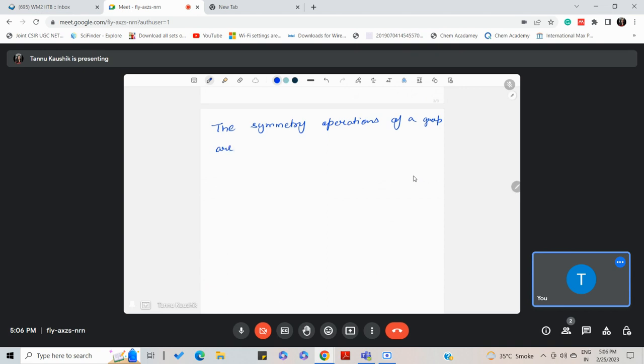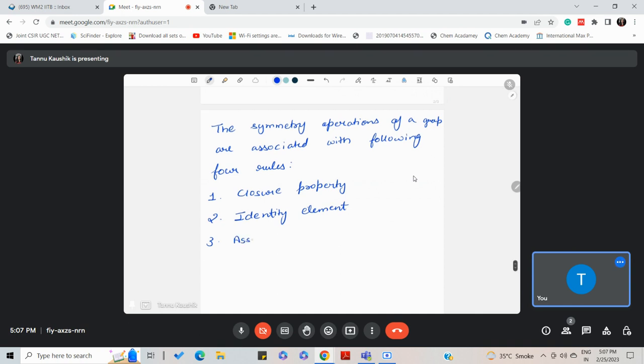First is closure property, second is identity element, third is associative law.